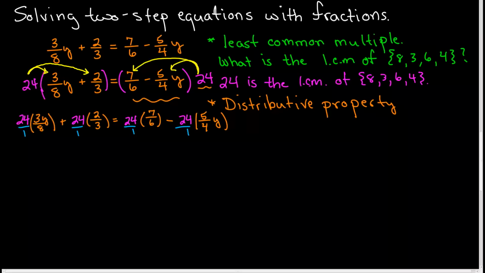Well, 24 times 3, that's 72. So 72 y over 8 plus 24 times 2 is 48. So 48/3 equals, well, 24 times 7, let's see, 24 times 8 is 192. So take off a 24, let's see.